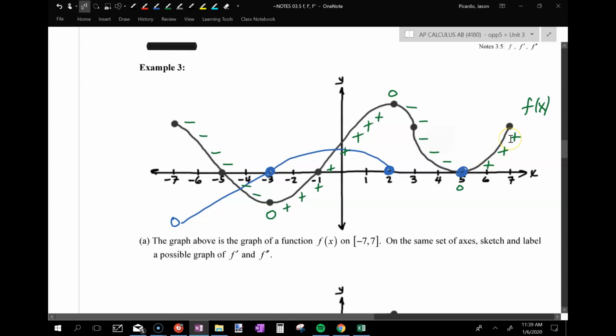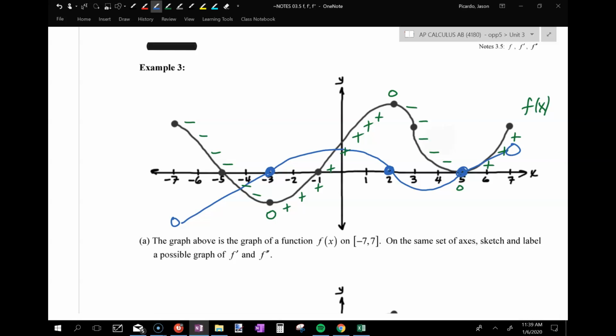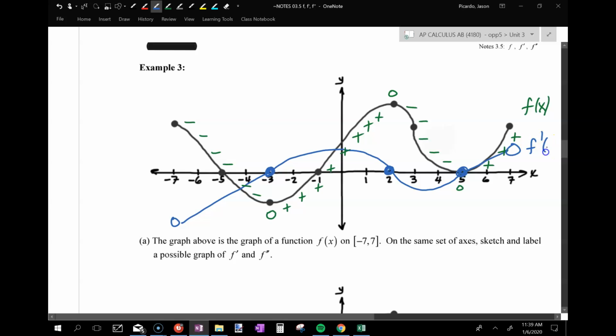And then after that, positive. That's a potential derivative graph, isn't it? All right, let's get rid of. Actually, we don't need to get rid of anything. That's good.